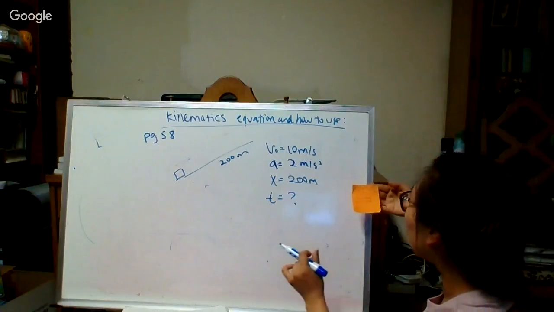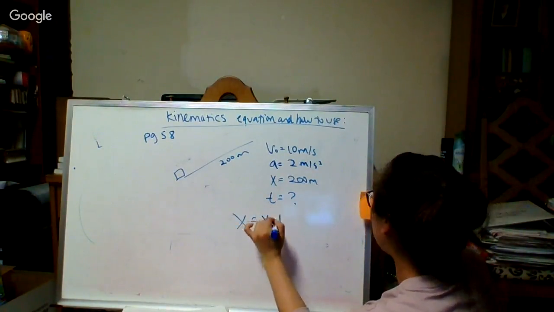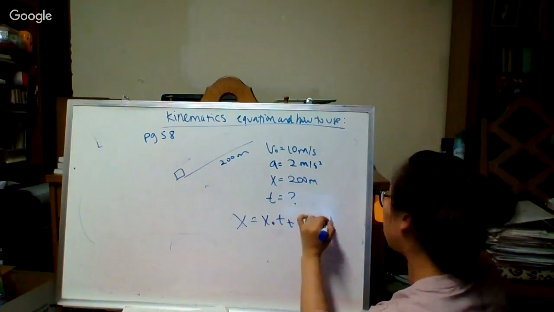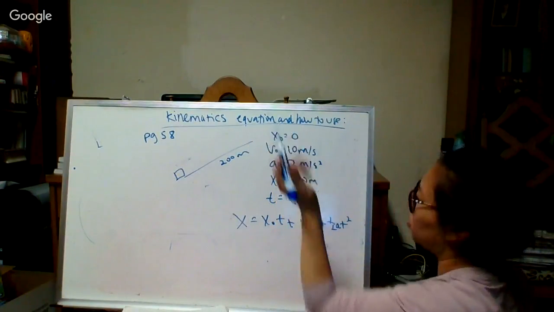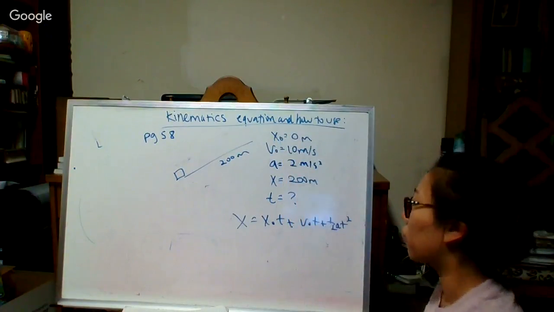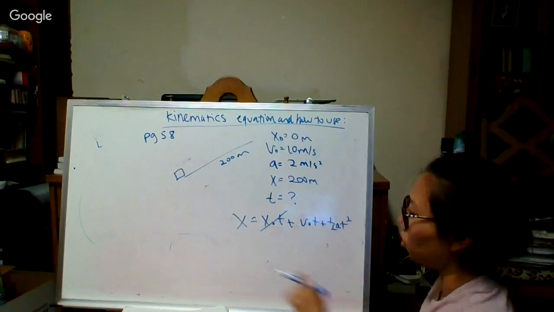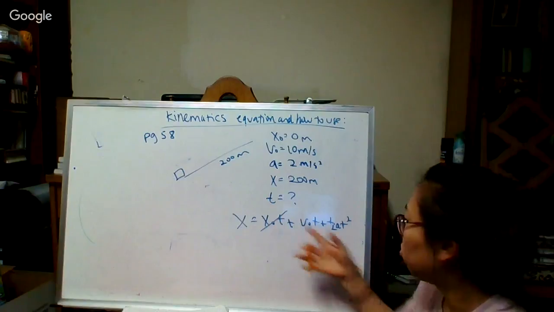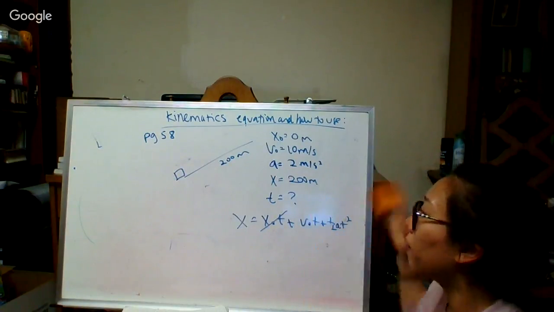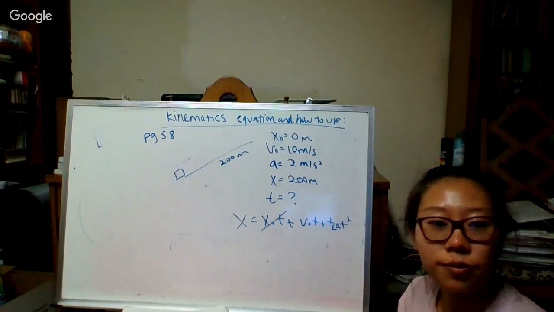The equation I will be using is x equals x0 plus v0t plus half at squared. And my x0 would be 0 because it starts at 0 usually for position. That means this term is out, and then you solve for your t. I don't think I need to solve it, but I just wanted to show you how to pick which equation to use.